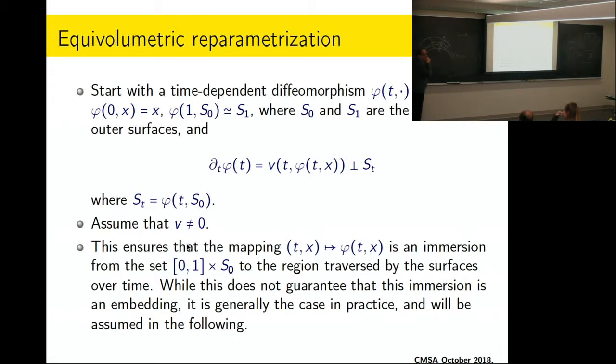What I'm going to do is reparametrize it by doing a change of time so that it satisfies Bok's hypothesis. So this is what is written here.